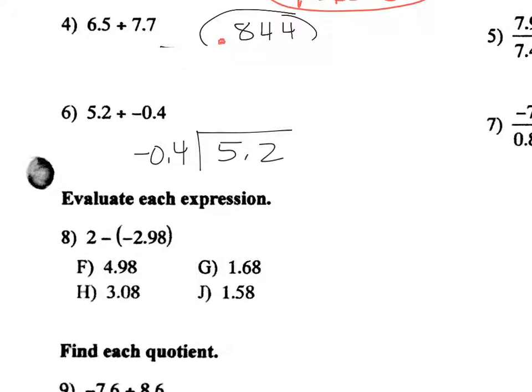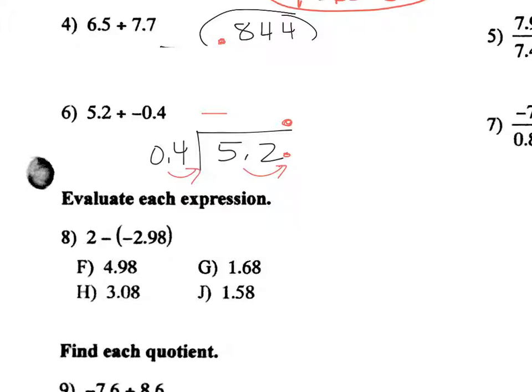Now, as far as my negative sign, all I'm going to do is go ahead and take care of that. So in other words, I know my answer should be negative. Now I'm ignoring that negative from now on, so I'm actually going to just erase it because I know my final answer is negative. I deal with my decimal place, move it 1 place, so it goes here, it goes up here.